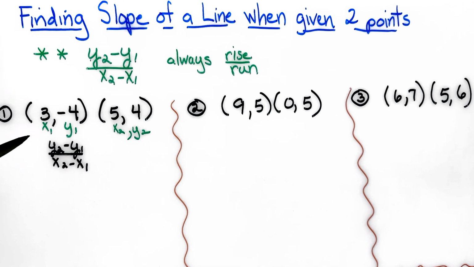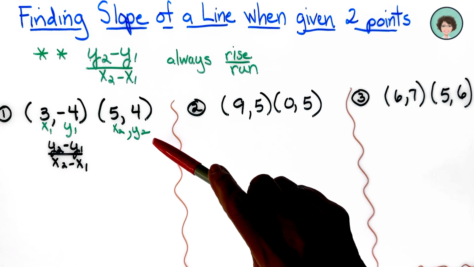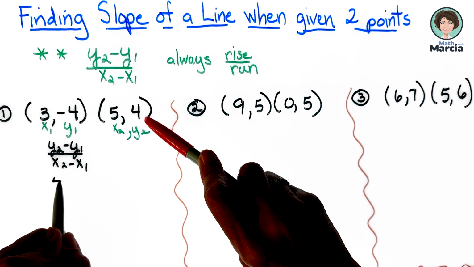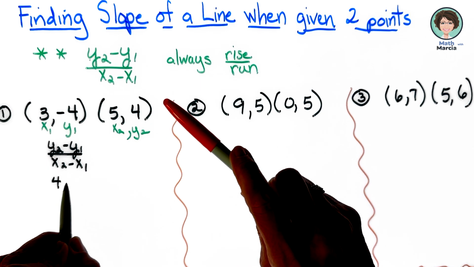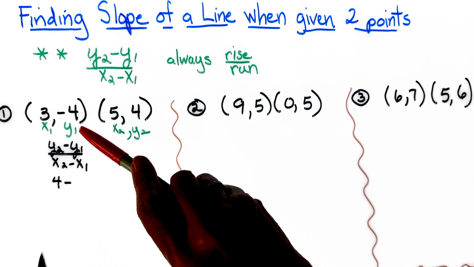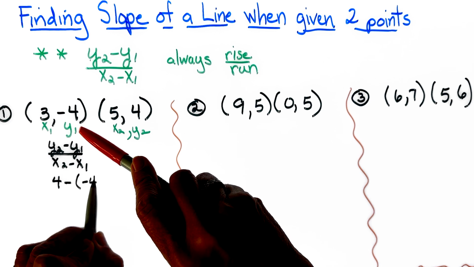And then all we're going to do to solve this is substitute in the values for the x's and the y's. So here I see that y2 is a 4, so I'm writing 4. And here's my subtraction sign, and I see that y1 is actually a negative 4.